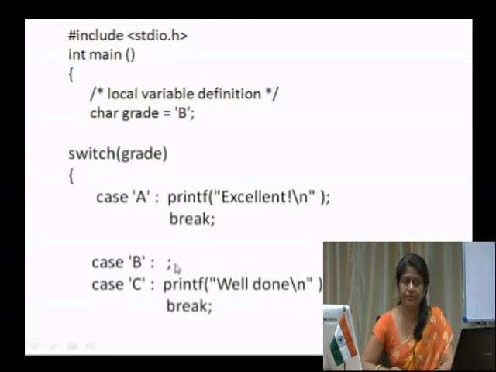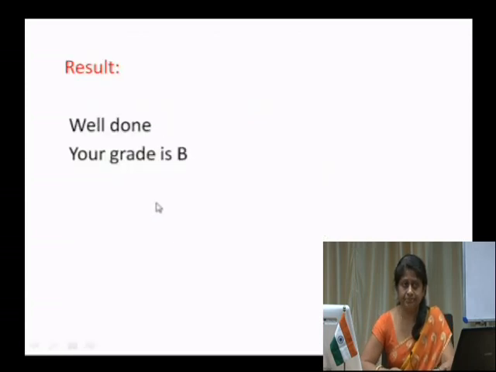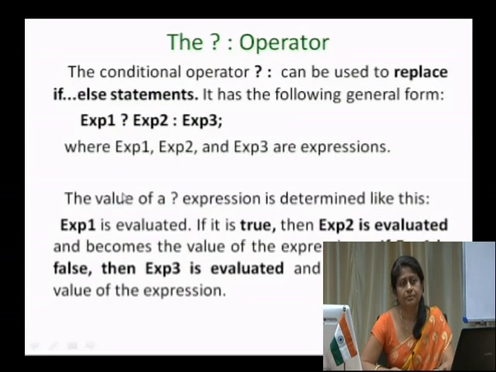Since here we do not have any statement, the control is going to be transferred to the next case, which is this. So, this is going to be executed, and then after the switch block, since we have given a break, the control is transferred out of the switch block. So, you have an output statement over here. So, this is going to be printed.